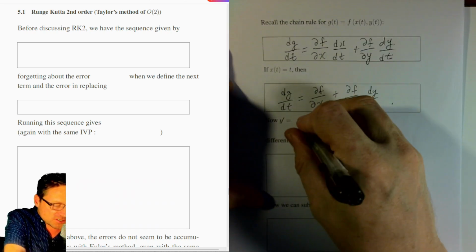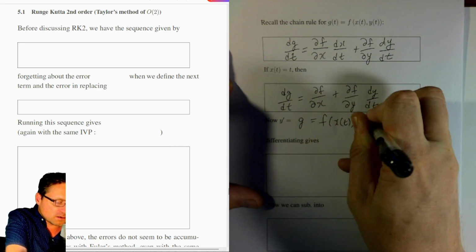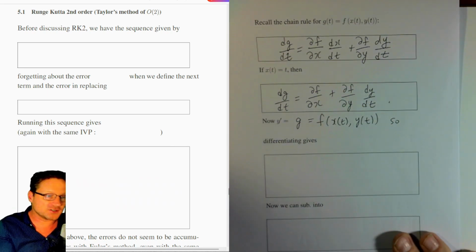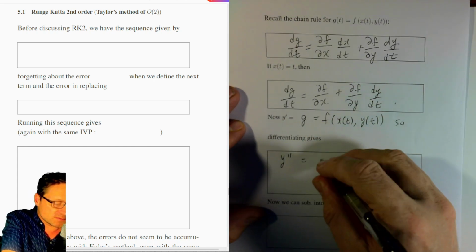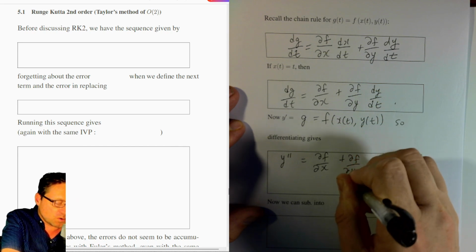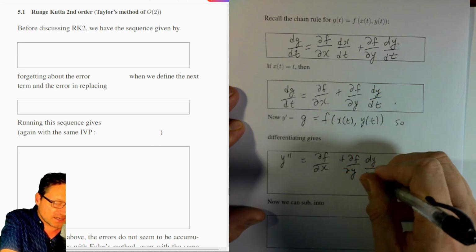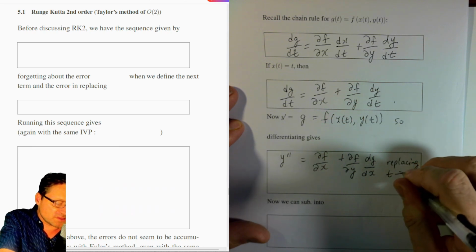Now y' is g, which is f(x(t), y(t)). Differentiating gives y'' is df/dx plus df/dy times dy/dx. What we're doing here is replacing t with x.